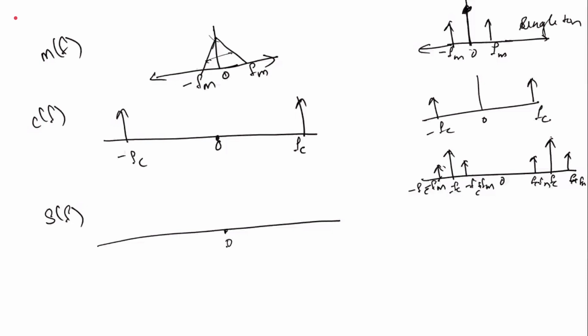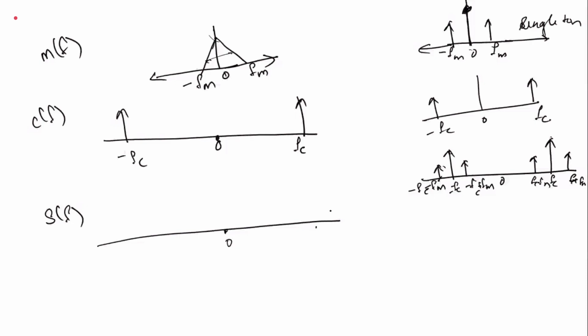Any idea? The origin of the message spectrum, we copy paste it on minus FC and plus FC. Exactly.